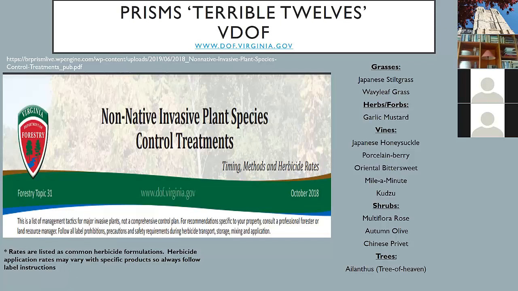The Virginia Department of Forestry chart is titled Non-Native Invasive Plant Species Control and Treatments, and this can be downloaded for free from their PRISM website. So today we're going to be talking about grasses, herbs, forbs, vines, shrubs, and trees that are all invasive and on the terrible 12s.